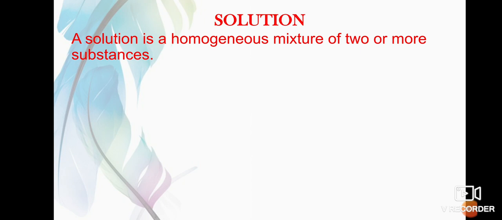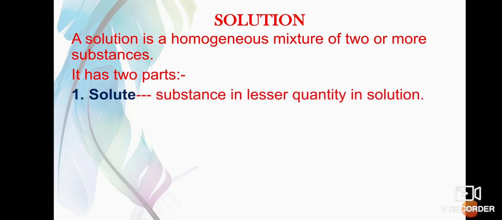A solution is which type of mixture? Homogeneous mixture. It means the components we use to make a solution must be completely dissolved. A solution has two components. The first one is the solute, the substance added in a lesser quantity.